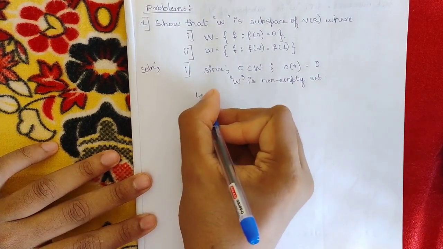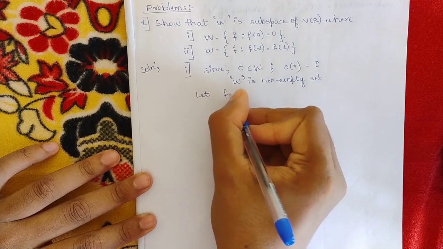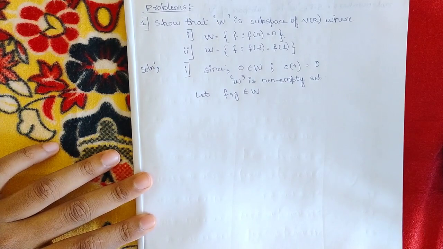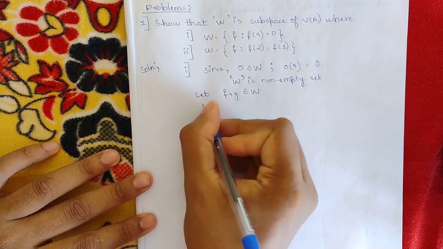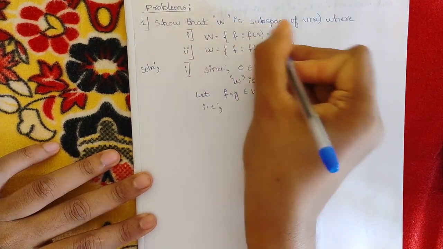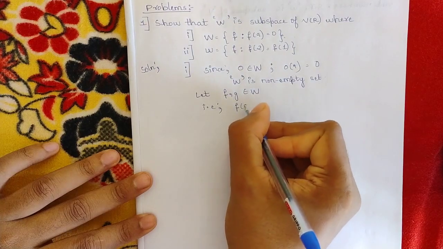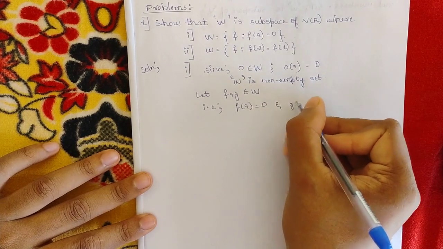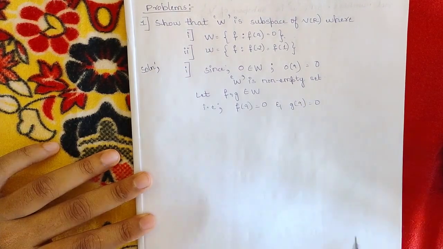Now let f comma g belong to the set of whole numbers. Okay, so if f comma g belong to the set of whole numbers, then according to the condition here they have mentioned f of 9 equals 0 and g of 9 also let us take equal to 0 itself.